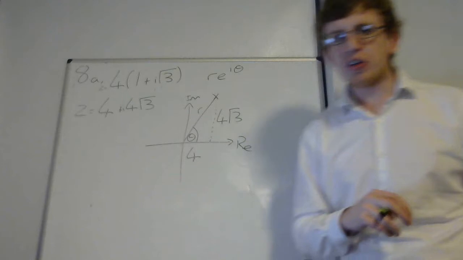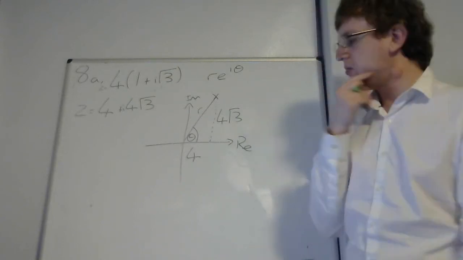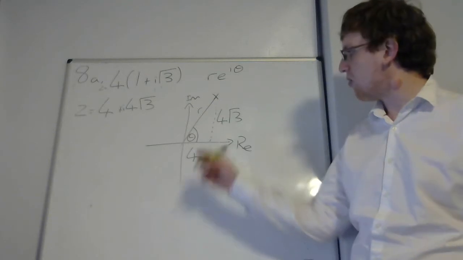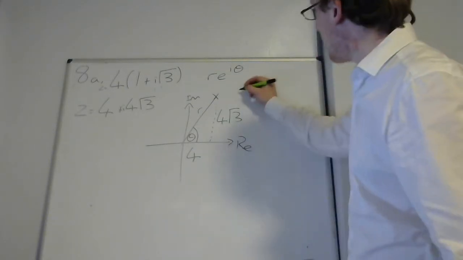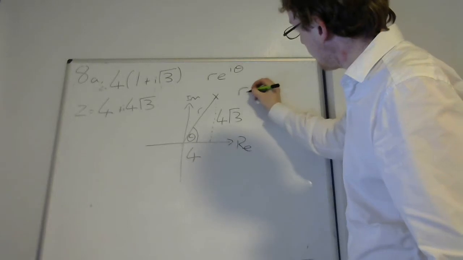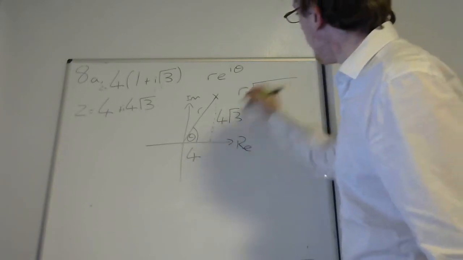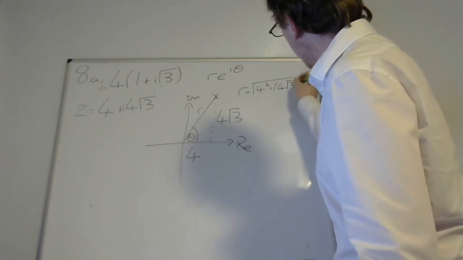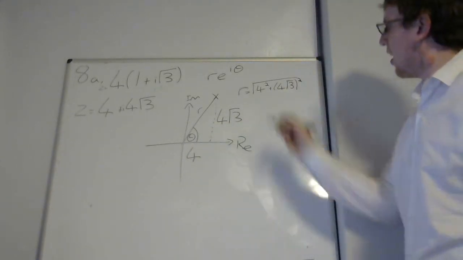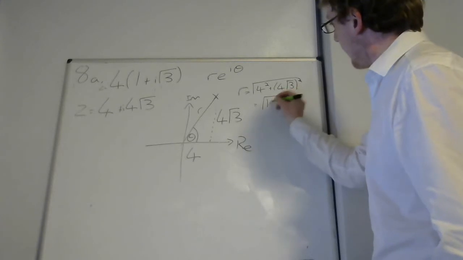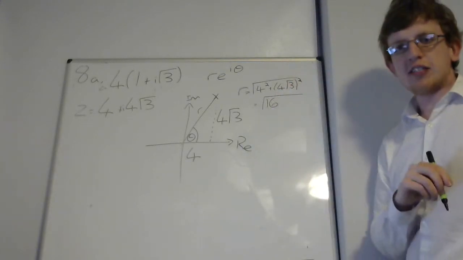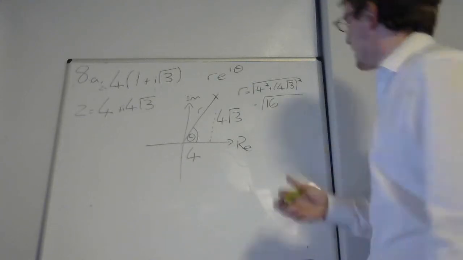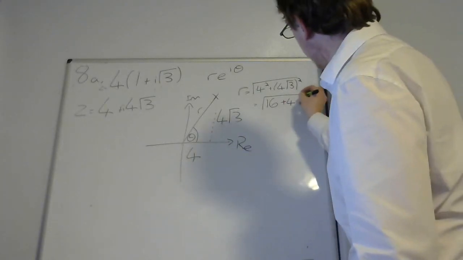To work out the argument, and I'm only going to do this one, I'm not going to do the other one, all we need to do is Pythagoras. We've got a right angle triangle. So the hypotenuse R is equal to the square root of 4 squared plus 4 root 3 squared. 4 squared is 16. 4 root 3 squared, you do 4 squared, which is 16, root 3 squared, which is 3. 16 times 3 is 48.